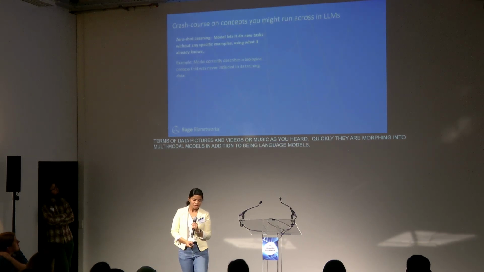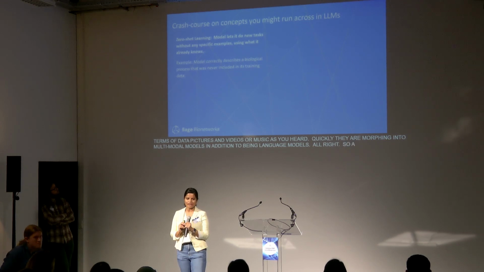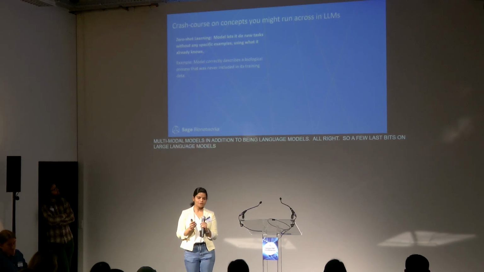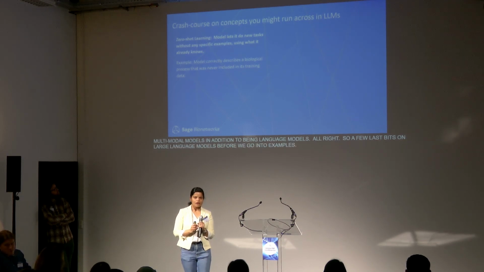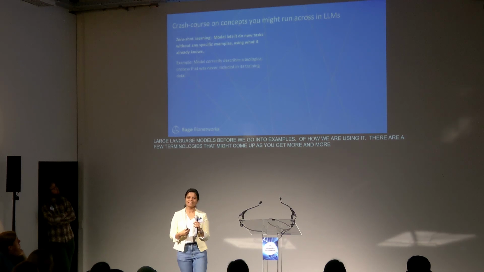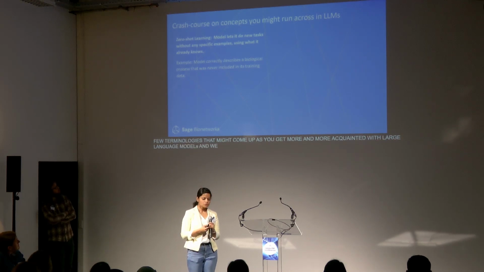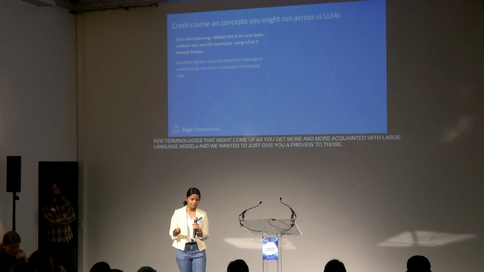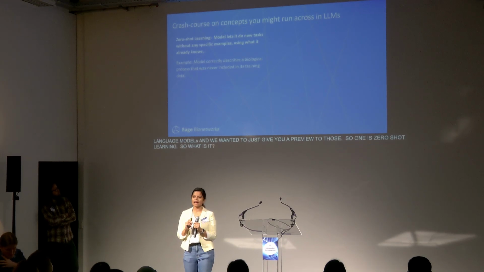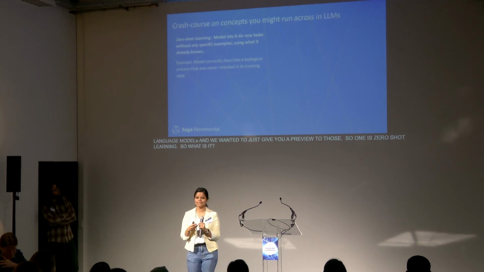All right, so a few last bits on large language models before we go into examples of how we are using it. There are a few terminologies that might come up as you get more and more acquainted with large language models, and we wanted to give you a preview of those. So one is zero-shot learning. Let's take ChatGPT as an example.